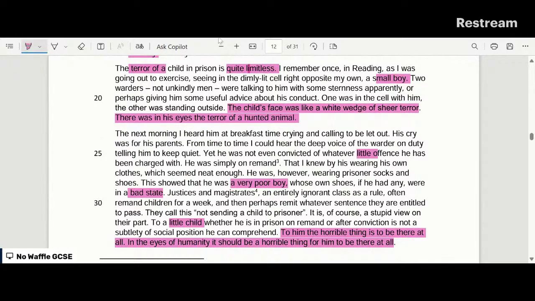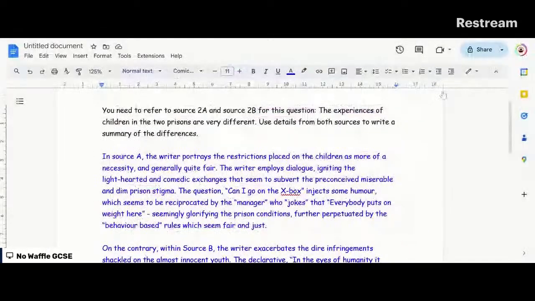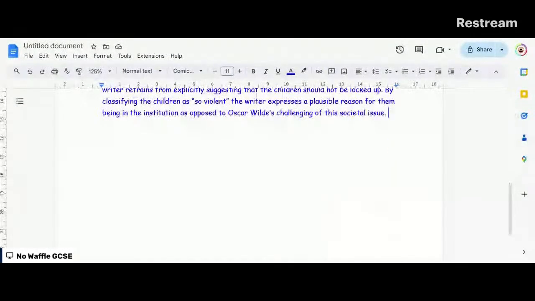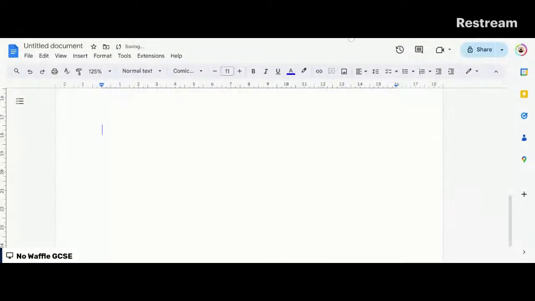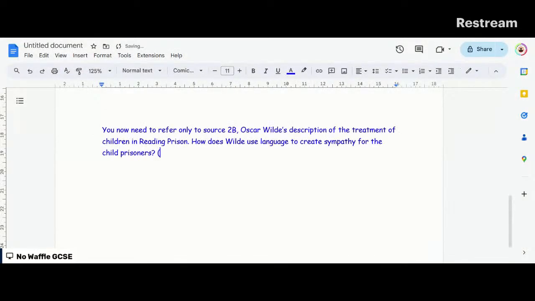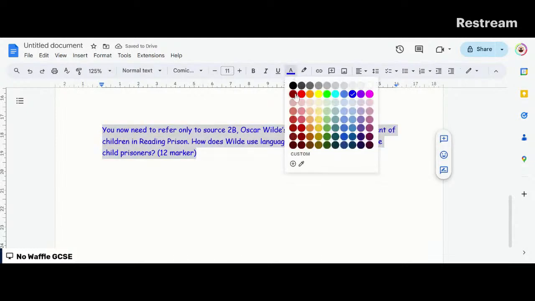So now let's go back onto answering the question on our amazing Google Doc, which I'll show you guys once I've answered it. So copying, pasting the question. Remember, this is a 12 marker, unlike being often the 8 marker in paper 1. So the mark allocation is slightly different.